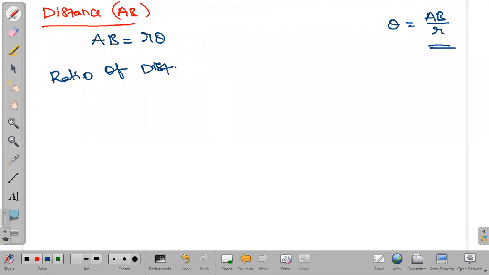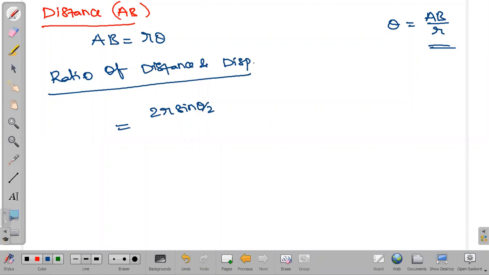For this if I write the ratio, what do we get? 2r sine theta by 2 is our displacement, and here distance is r into theta, right?